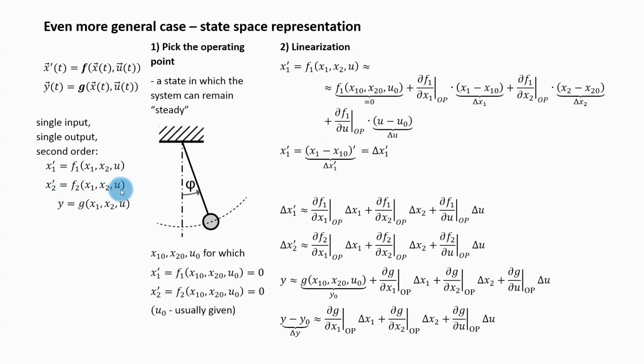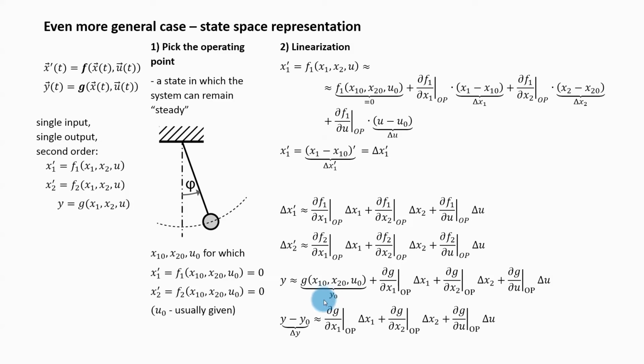The second state equation I can linearize in the same fashion, which will give me this. And the output equation I can also linearize in the same fashion, which will give me this. Here I have a small difference because this function is not 0 at the operating point. The value of this function will in fact give me the part of the operating point at the output, which I will denote as y0.